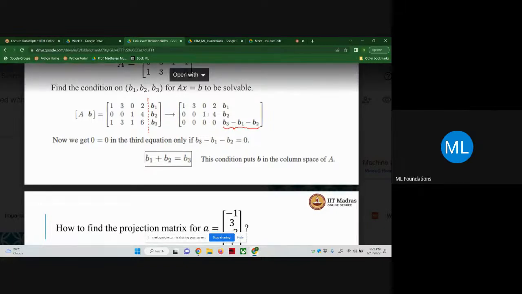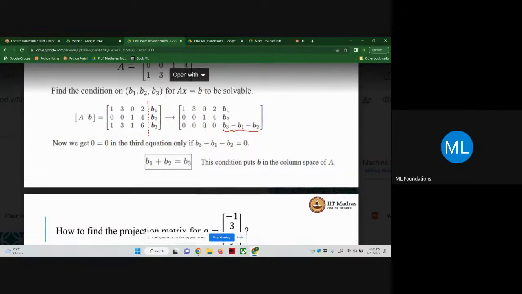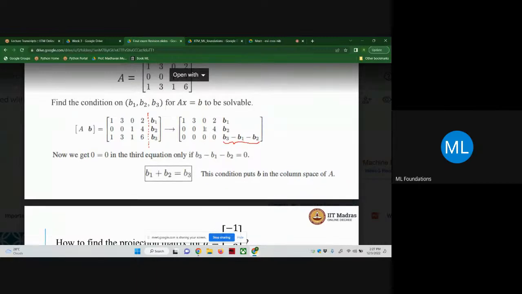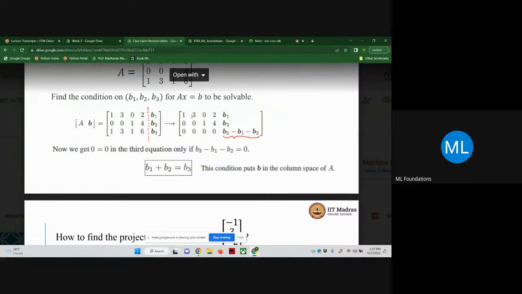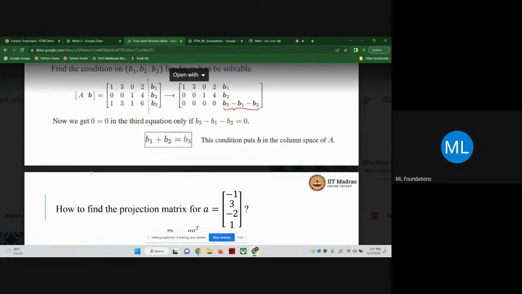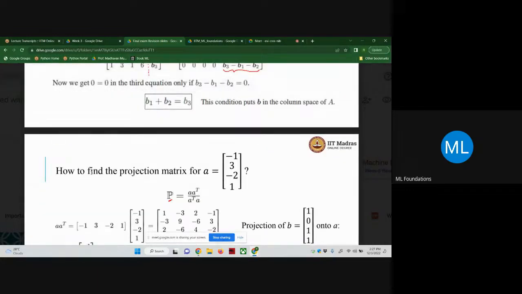The second condition is x3 plus 4x4 should be equal to b2, and then x1 plus 3x2 plus 2x4 should be equal to b1. Based on that we should be getting the solutions.